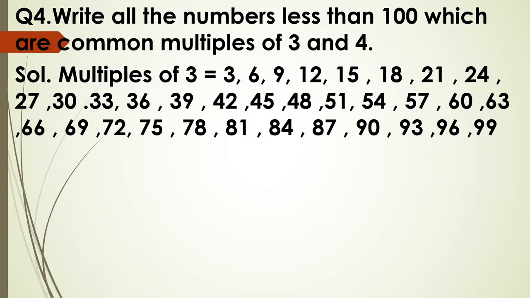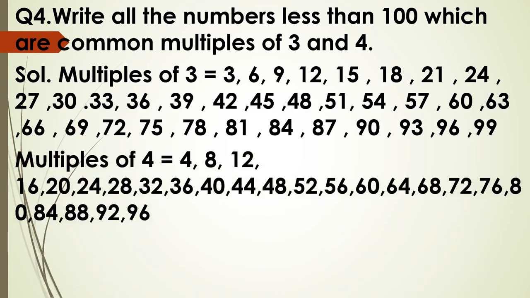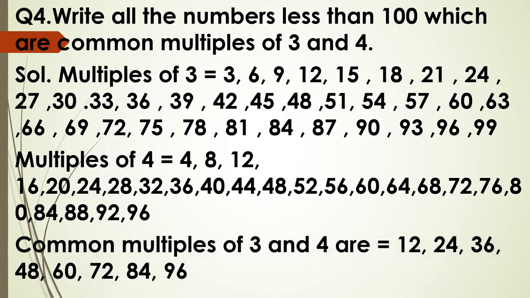In the same way, you will write down all the multiples of 4 up to 100. And then find out the common multiples of 3 and 4. They are 12, 24, 36, 48, 60, 72, 84, 96.